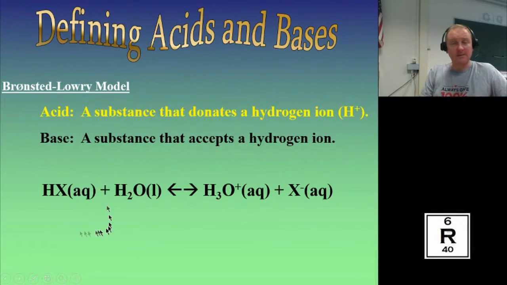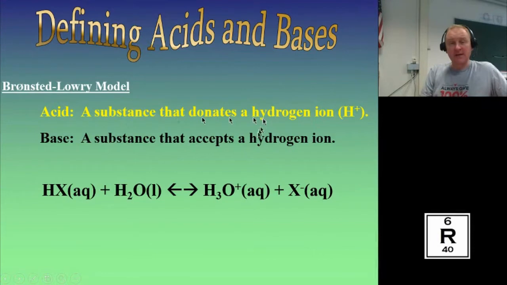It's not necessary. So if you take a look at this reaction here of an acid, X could be any acid, so it could be hydrochloric acid or nitric acid or whatever, HX, some sort of an acid. And it's reacting with water. You put the acid in water, it will produce hydronium, and whatever that anion was will be produced.